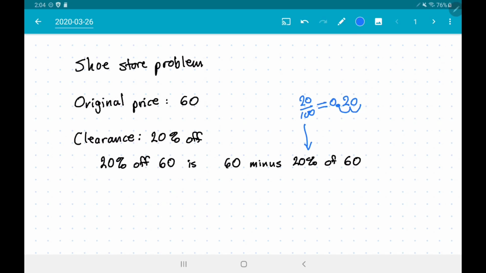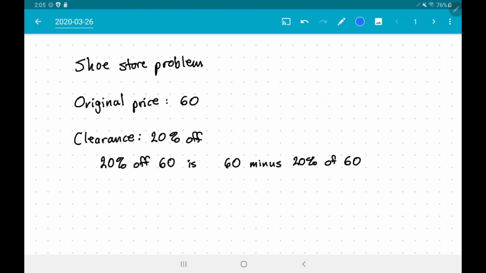The second thing to know is that the word "of" indicates multiplication. So just like half of a quantity means you're going to multiply that quantity by 1/2, 20% of a quantity means that you're going to multiply it by the fraction 0.20.